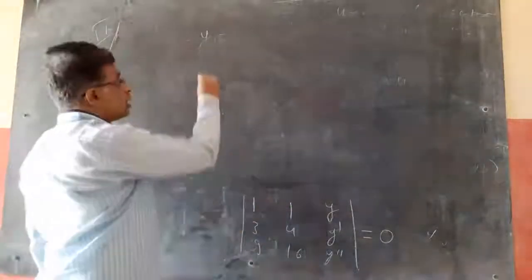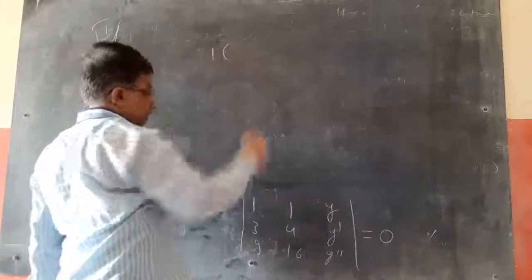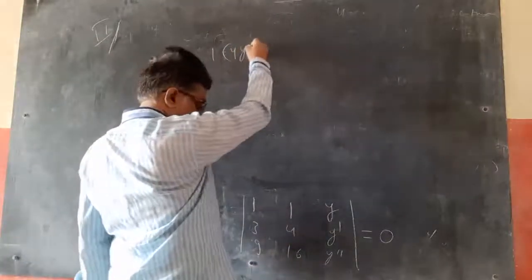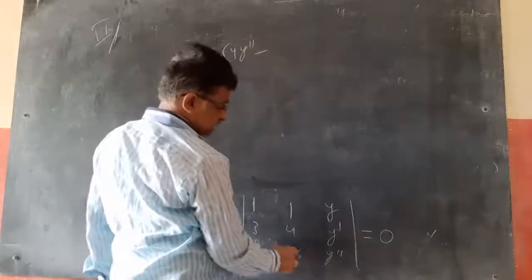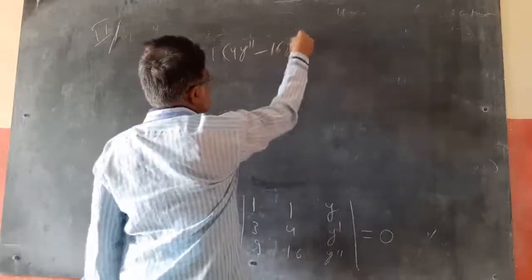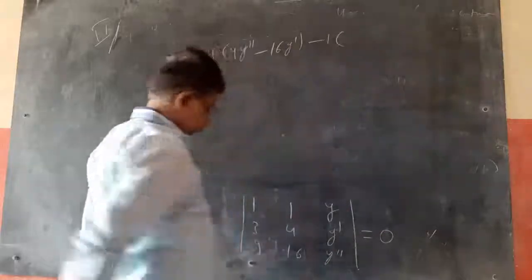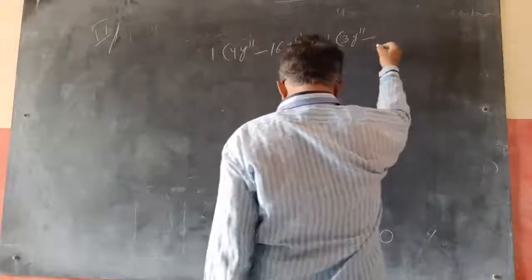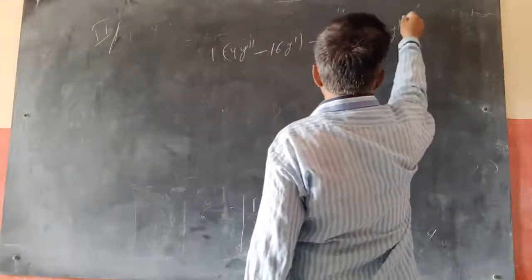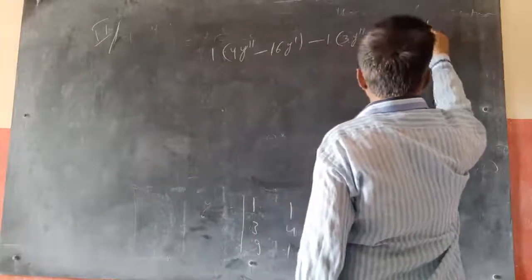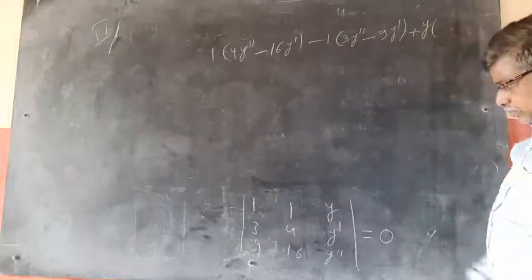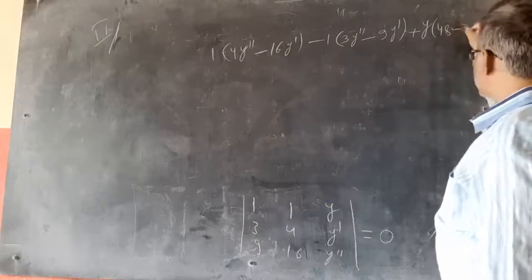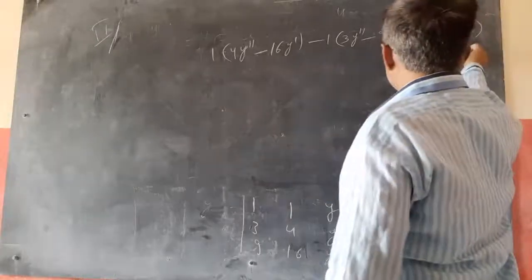Now I am directly going for the determinant. 1 into 4y double dash minus 16 y dash, minus 1 into 3y double dash minus 9y dash, plus y into 16 3s are 48 minus 9 4s are 36, equal to 0.